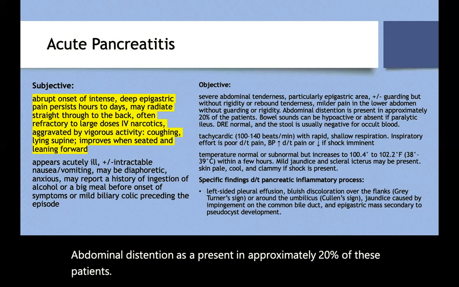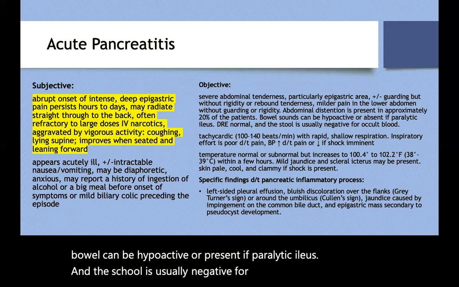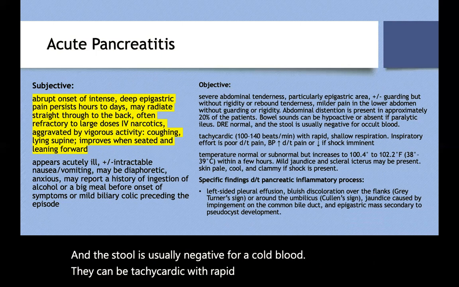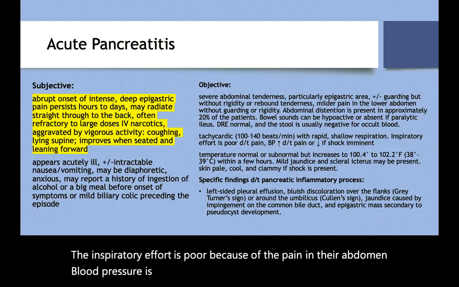Bowel sounds can be hypoactive or absent if paralytic ileus. And the stool is usually negative for occult blood. They can be tachycardic with rapid, shallow respiration. The inspiratory effort is poor because of the pain in their abdomen. Blood pressure is usually elevated due to the pain, or it's decreased if shock is imminent.